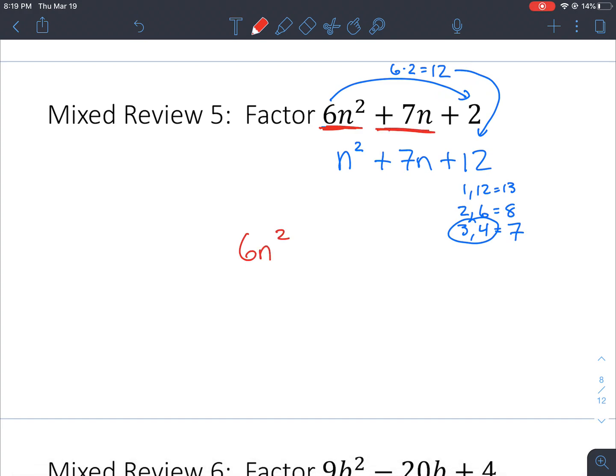But if you recall, I'm going to take this plus 7n and I'm going to split it up into these two factors. So instead of plus 7n, I'm just going to split it plus 3n plus 4n, right? Because 3n plus 4n is that original 7n. So we didn't change the problem, we just split that 7n. And then lastly, plus 2.